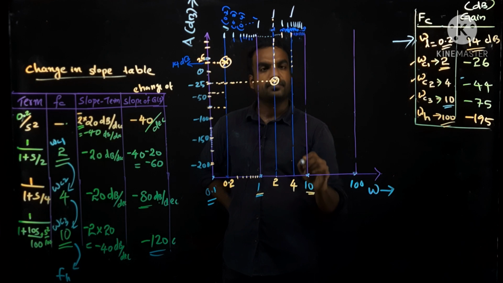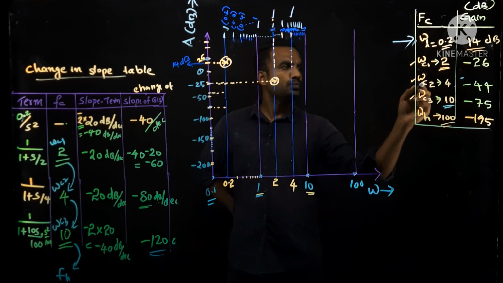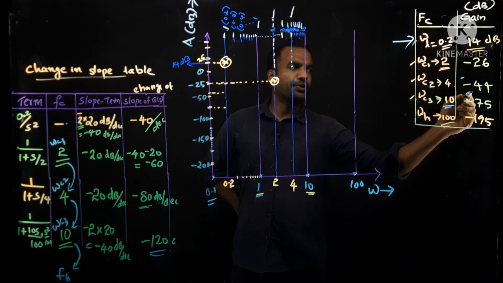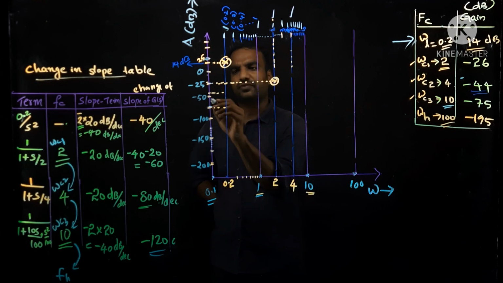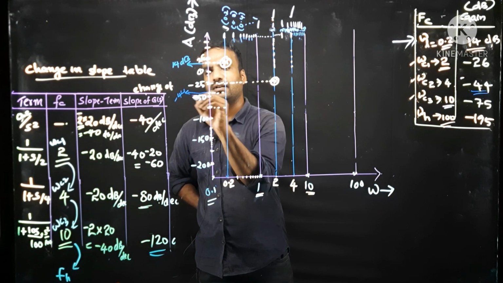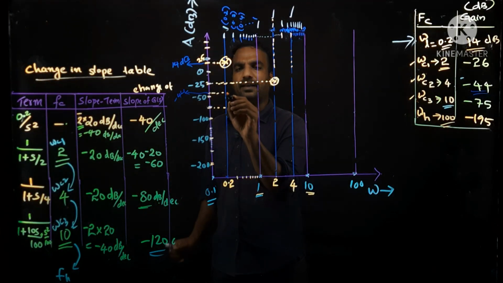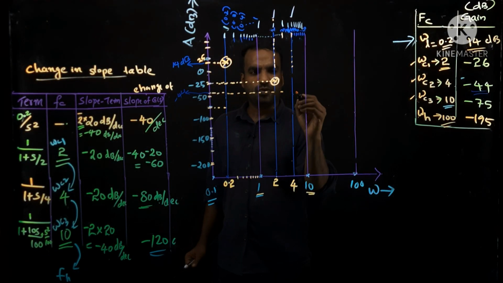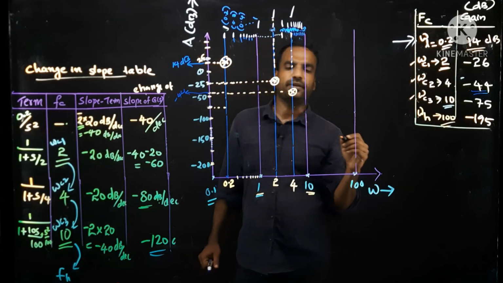So this is the line of 4 and the gain corresponding to 4 is minus 44. Minus 44 will come here somewhere, and please extend that line to the line of 4. This will be the third point.